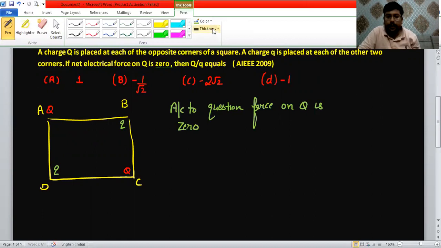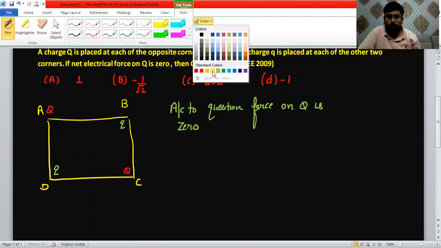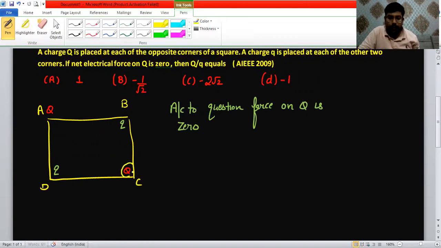So we can see that this capital Q charge is experiencing forces because of this small q, this capital Q and this small q. Force on capital Q due to charge at B is repulsive in nature, which I can show along this line. Let this force be F1.